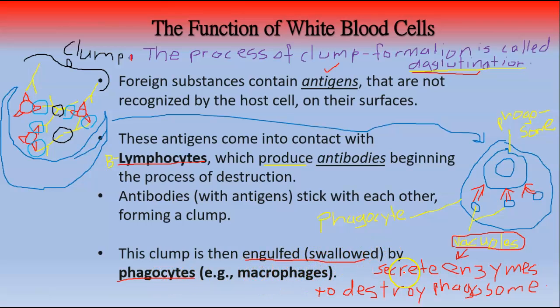The phagocytes then secrete enzymes from the vacuole that destroy the phagosome that is formed on the inside, right after the phagocyte swallows or engulfs the virus. And that is how white blood cells function.